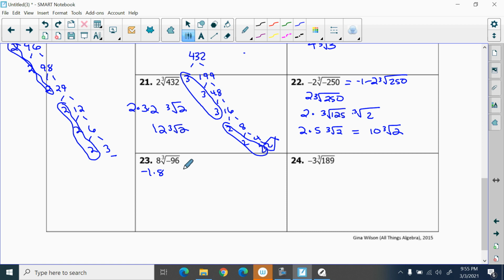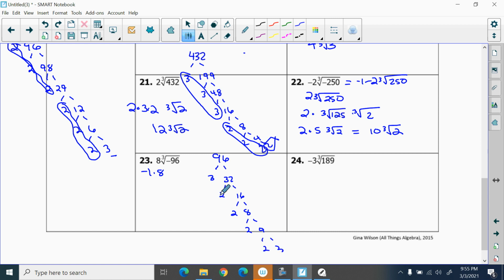So 96 is 3 times 32, which is 2 times 16, which is 2 times 8, 2 times 4, and 2 times 2.